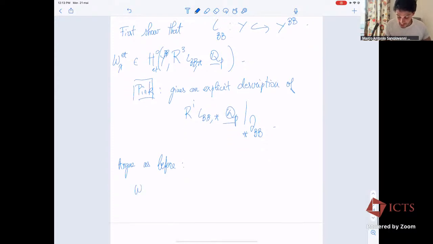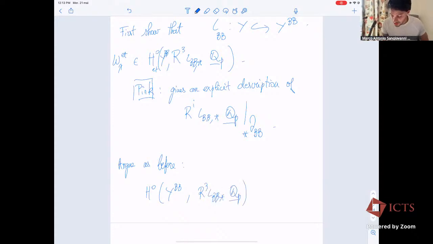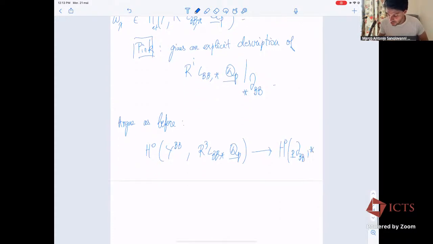So you say that because of some version of the Manin-Drinfeld principle, also in this case, the map from H0 of Y BB, R3 iota BB star Q_p, when you restrict to the cohomology of the boundary component indexed by P of the Baily-Borel compactification, and now here the sheaf restricted to this boundary component, these are just points.